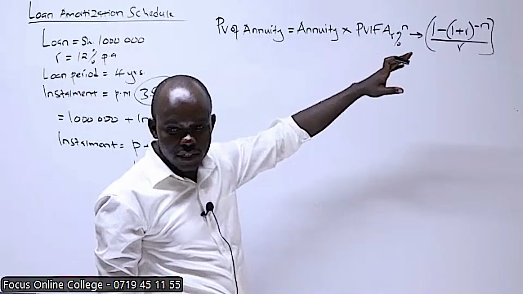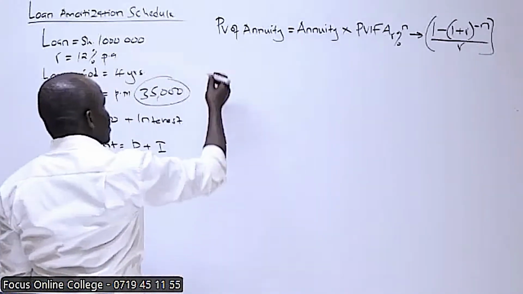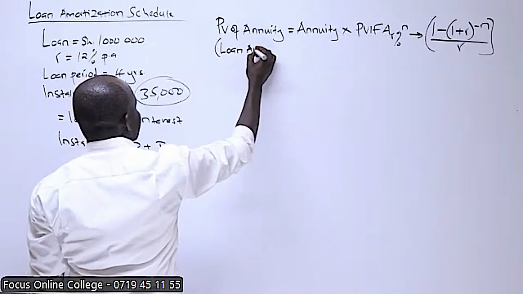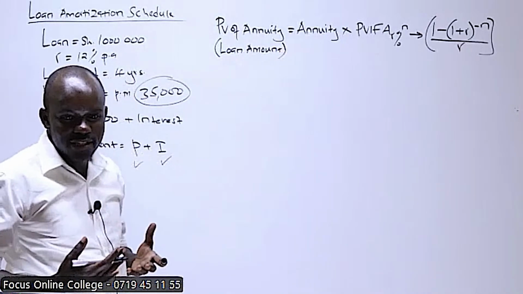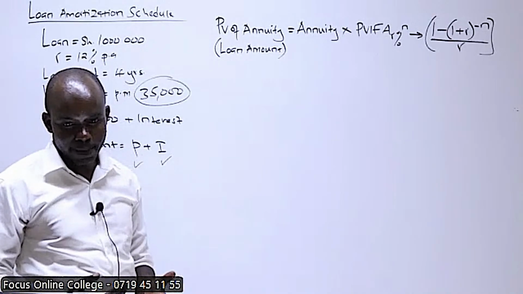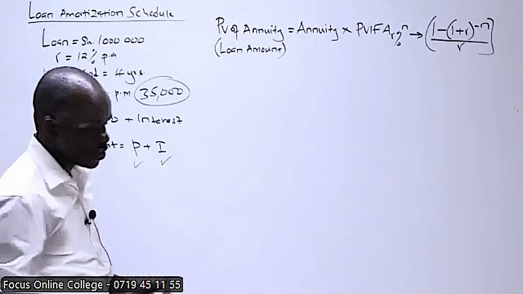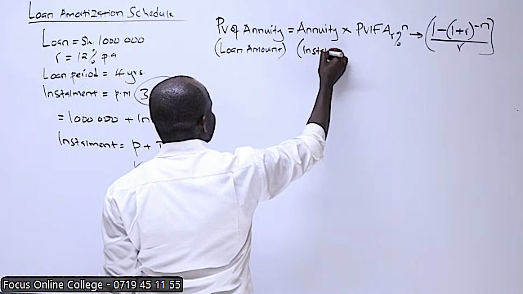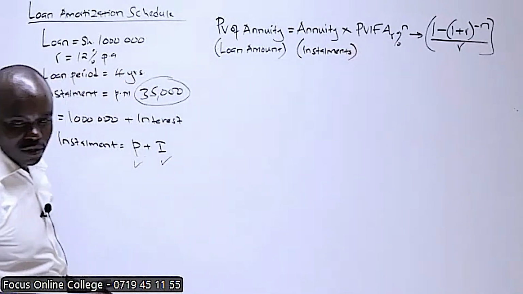When you're calculating, you write this. So now we're saying this present value is the loan amount. Because remember, the loan amount is in present value terms. You're getting the loan today, not tomorrow, today. Then you're going to pay in equal installments, annuities. So these are the installments. The annuity is the installment.